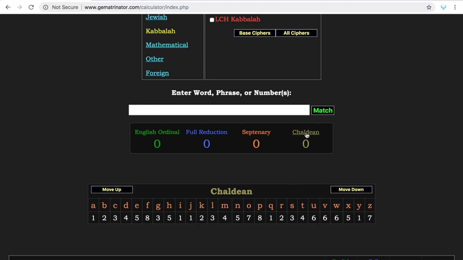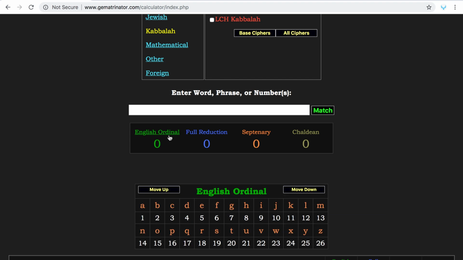But then if you use the ancient Chaldean system, supposedly, allegedly the oldest of its kind, this one uses the numbers 1 through 8. And it's all different. Septenary is the only system using the numbers 1 through 7, and it acts like a mirror, 1 through 7, back down to 1, and then back to 7, back down to 1. The full reduction, which is the numbers 1 through 9, and we already went over the English ordinal.